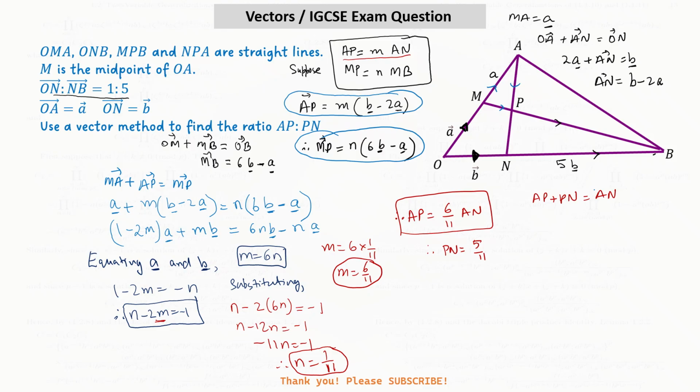So then if AP is 6 out of 11, then PN should be 1 minus 6 out of 11, and that is 5 out of 11. So therefore AP is to PN, that's what we need to find, is equal to 6 out of 11 is to 5 out of 11. So we get AP is to PN is equal to 6 is to 5. And that is the answer.